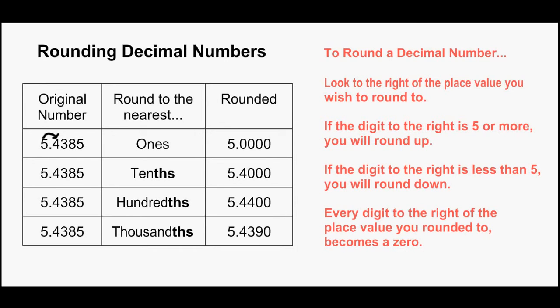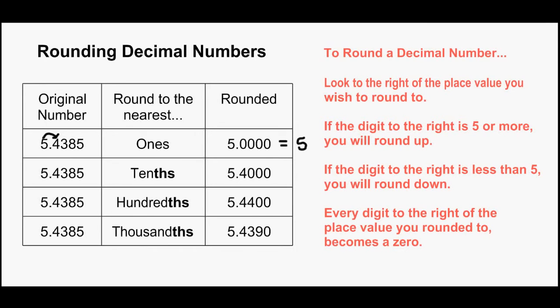According to the rounding rule, if the digit to the right is less than 5, you will round down. So our number rounded down becomes 5 and 0/10,000ths. In fact, because all these zeros are on the decimal side, I can rewrite my number as simply 5.